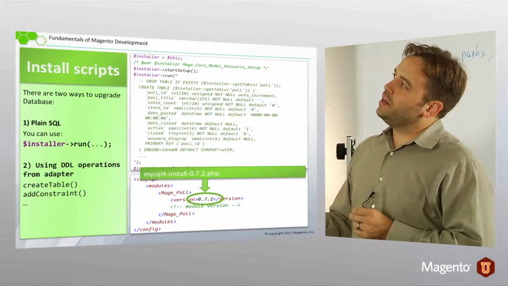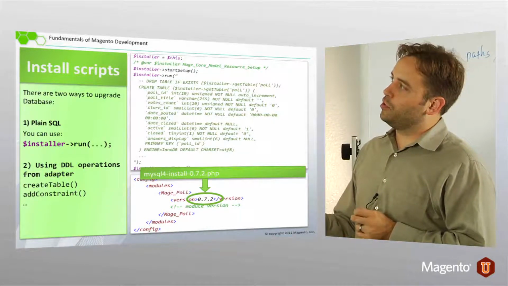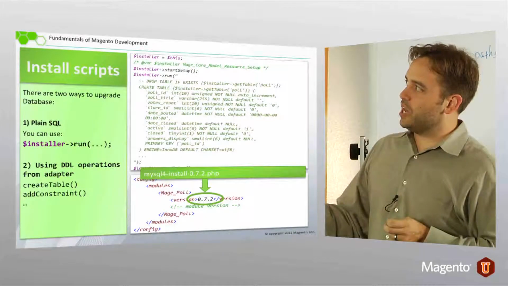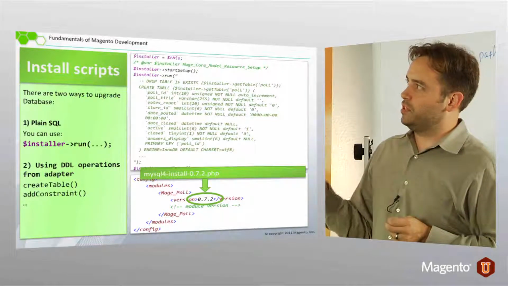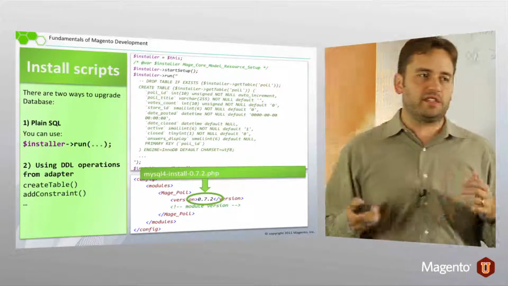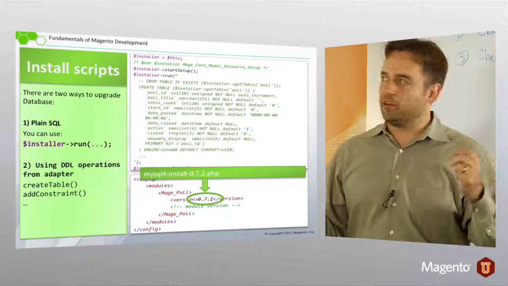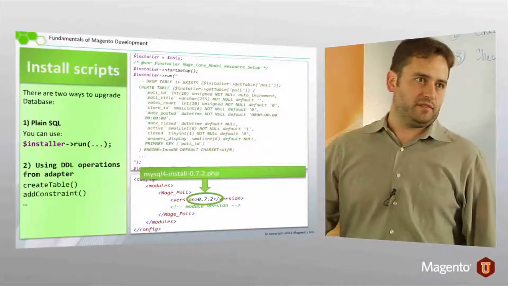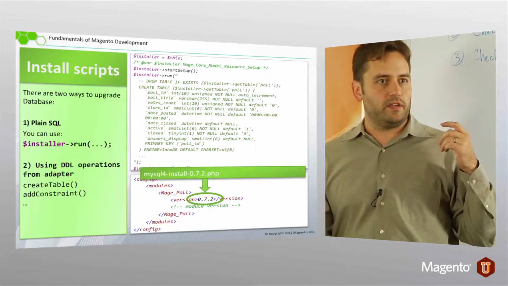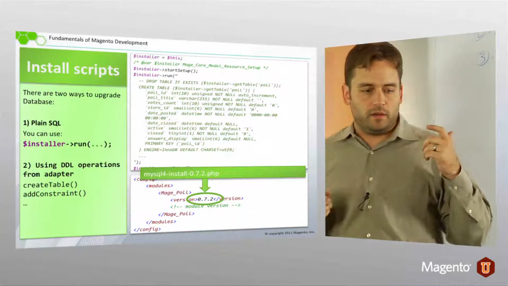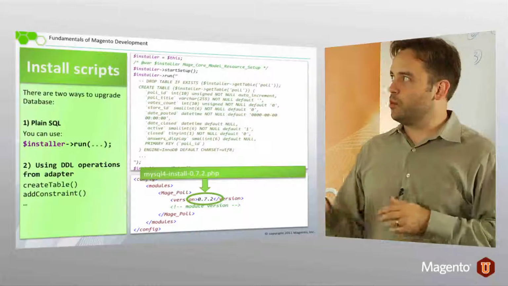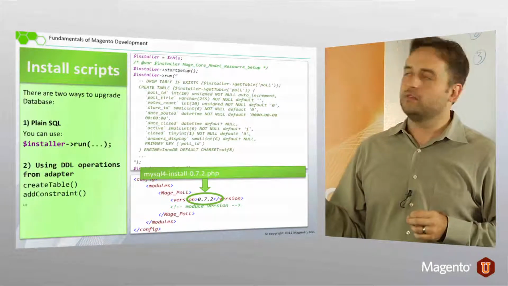In here we use our curly braces. We use installer get table poll in this example. What this does is get the table value from the configuration for the poll entity. And the nice thing about this is that if the Magento install is using table prefixes, this will prepend those prefixes for us.